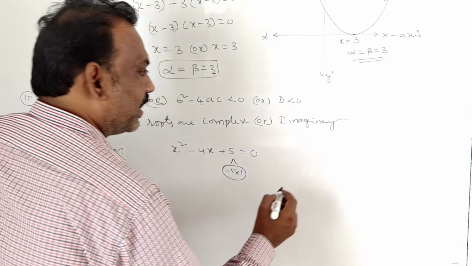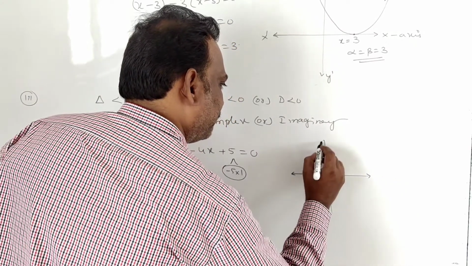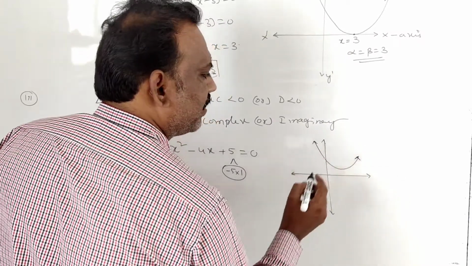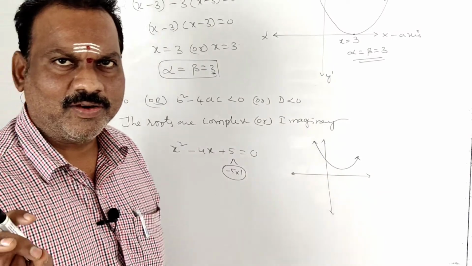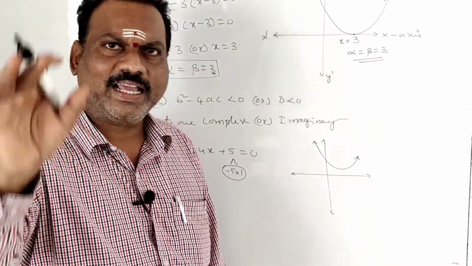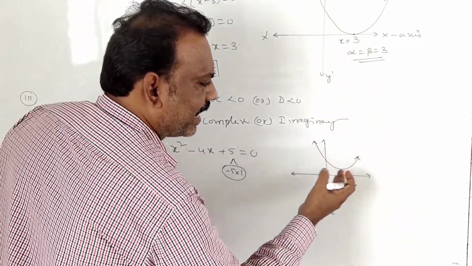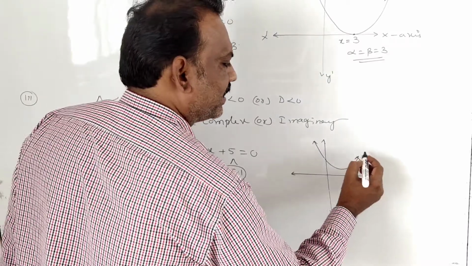If you draw the graph of such kind of problems, what will you get? The graph will move like this. That means it won't intersect the x-axis. I told you roots mean x values, where the graph intersects the x-axis, those points are called roots. If it is intersecting the y-axis, no problem, but it won't intersect the x-axis.